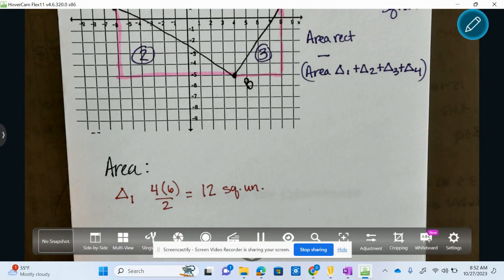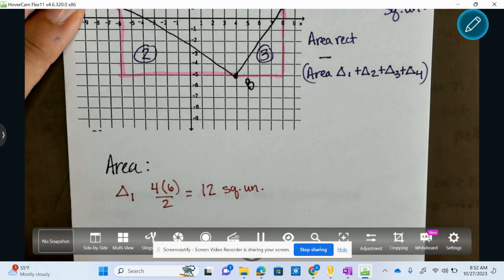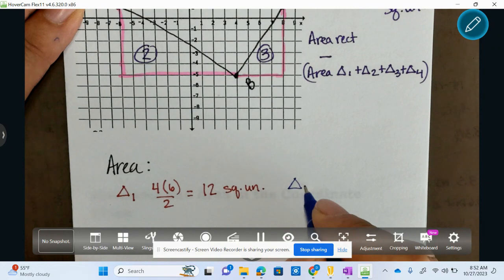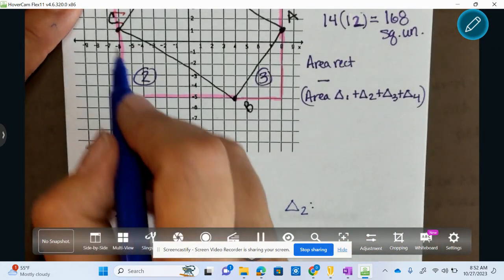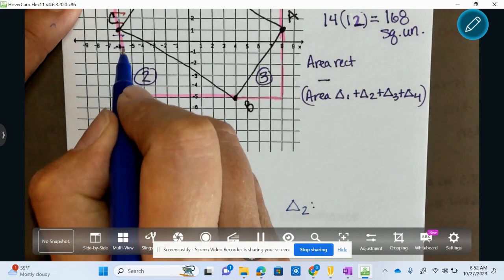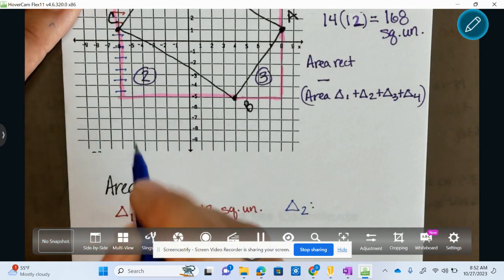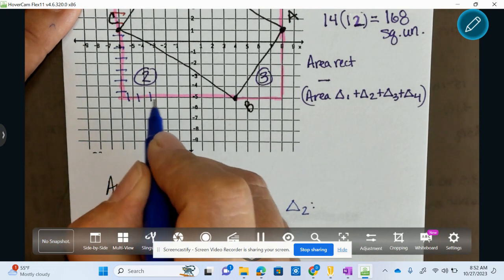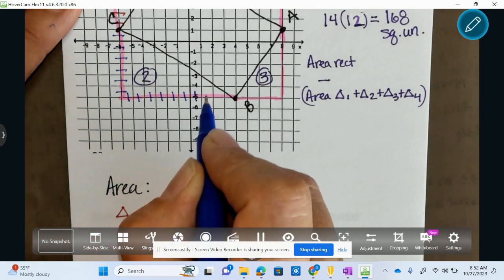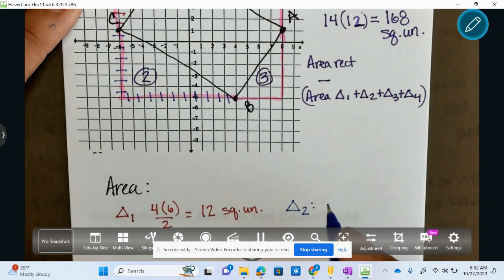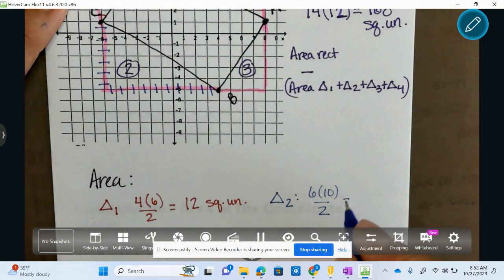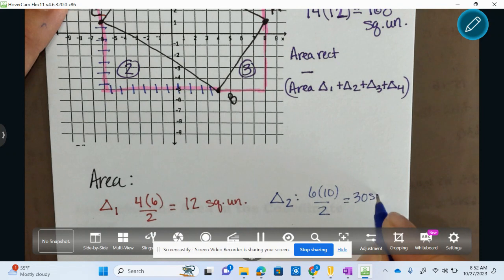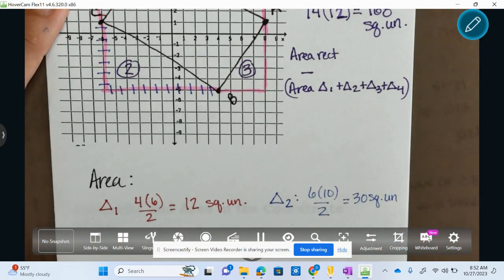Now I'm going to go to the area of triangle 2. I'm going to count. It has a height of 1, 2, 3, 4, 5, 6, and a base of 1, 2, 3, 4, 5, 6, 7, 8, 9, 10. 6 times 10 divided by 2. Well, 6 times 10 is 60, divided by 2 is 30 square units.